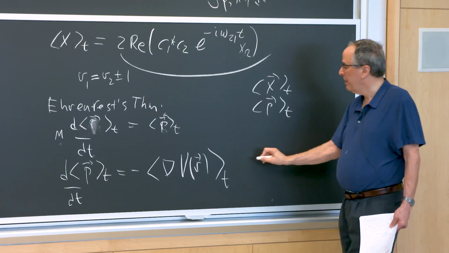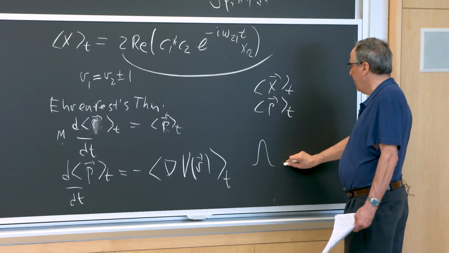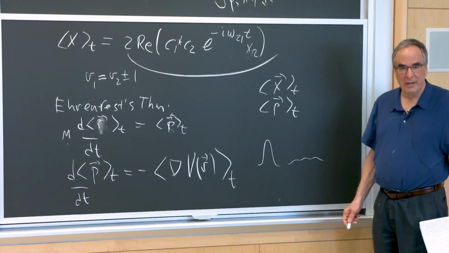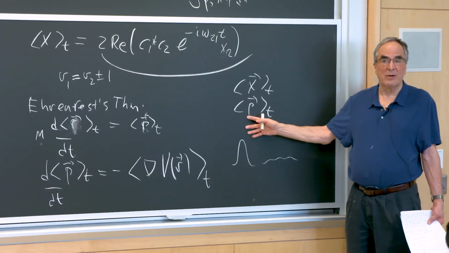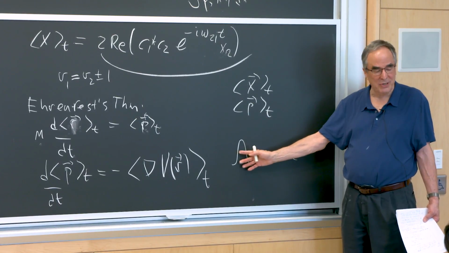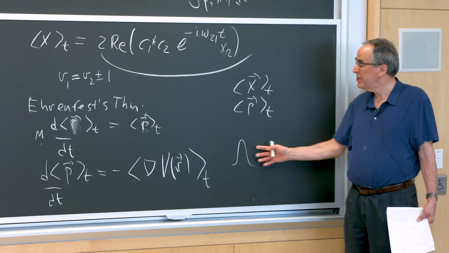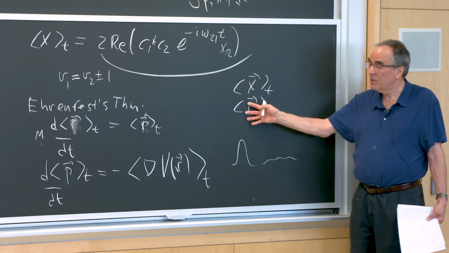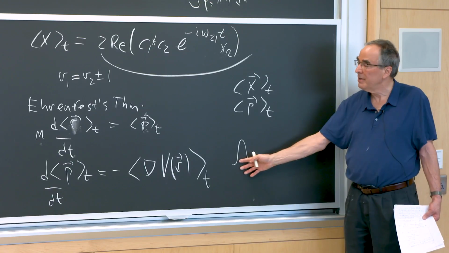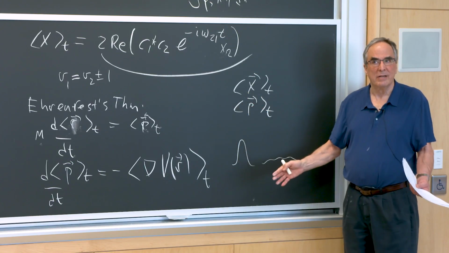Now, the wave packet might be localized at one time and might be mushed out at another time. But you can always calculate the center of the wave packet. It's just that there are only certain times that it looks like a particle. But these quantities, which you define by an integral, they evolve classically.